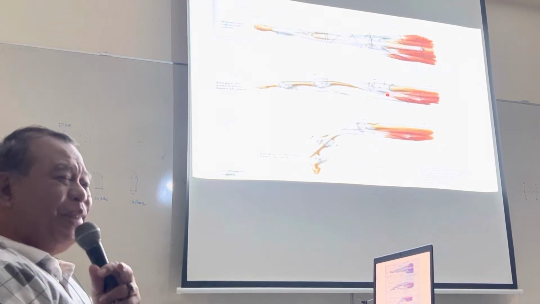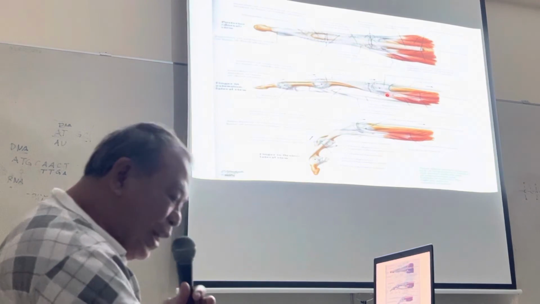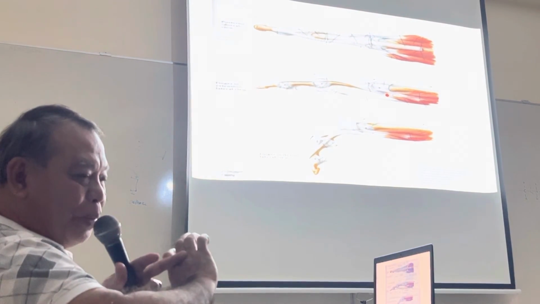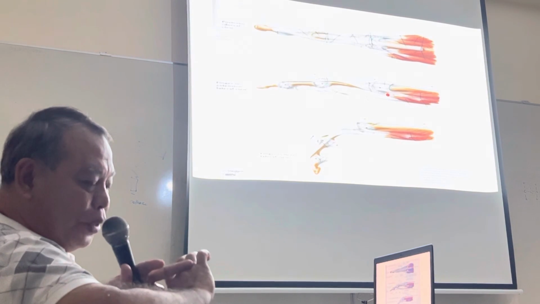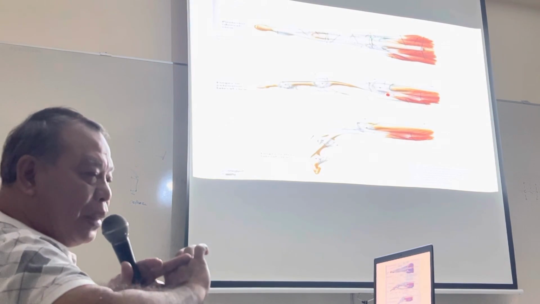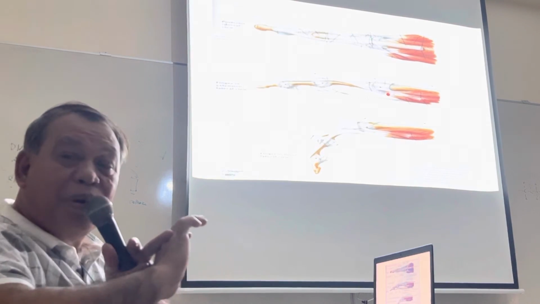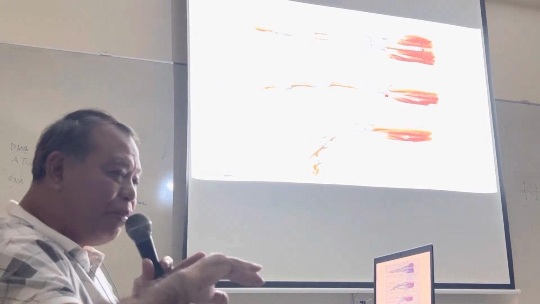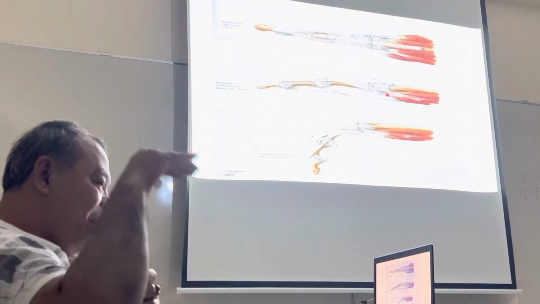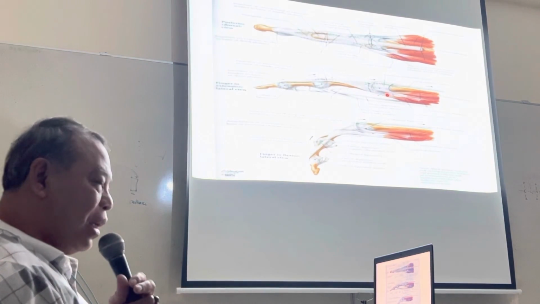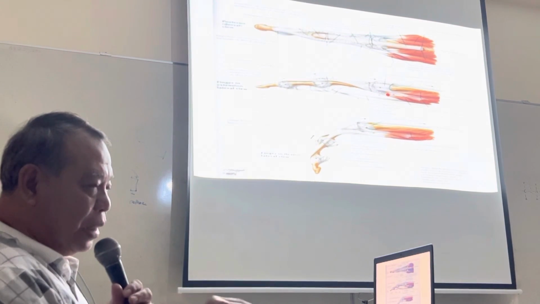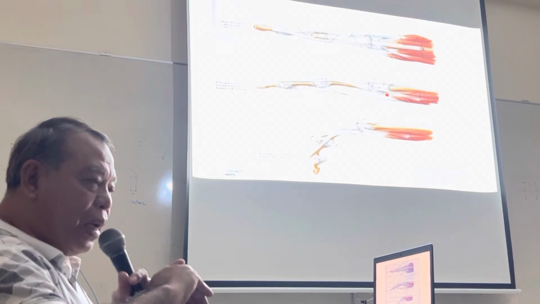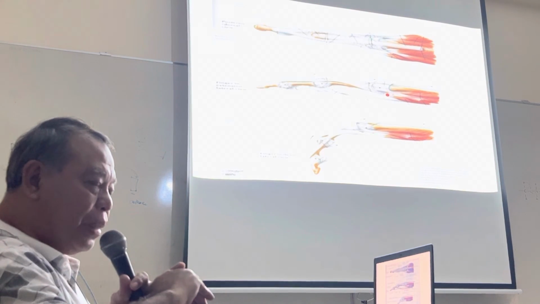Claw hand. So take note, there is hyperextension of the metacarpophalangeal joints, especially on the fourth and fifth, because of the paralysis of the interossei. Again, the primary action of the interossei and lumbricals is to flex the metacarpophalangeal joint.